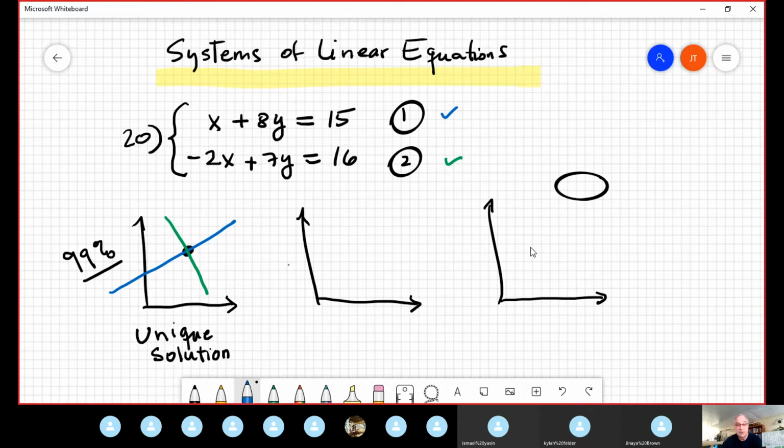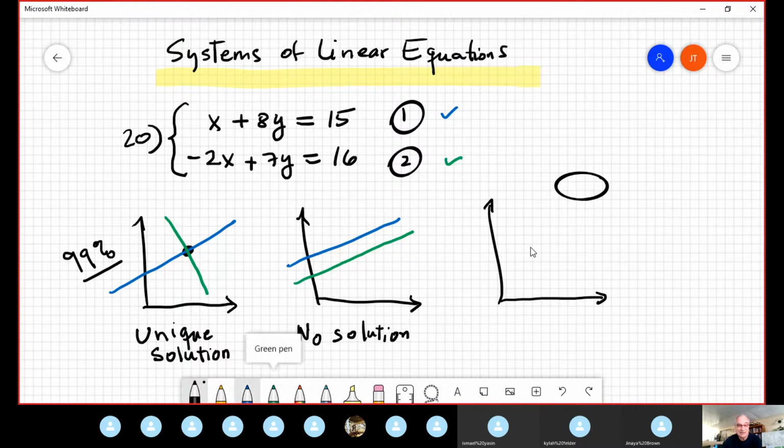However, we have another possibility. For example, equation 1 in blue and equation 2 in green are parallel and never touch and never meet. Therefore, this is the case where we have no solution. They do not have a common point.